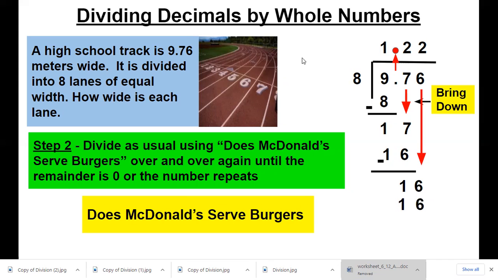Subtract. 16 minus 16 is 0. And then my last step would be to bring down, but there's nothing more to bring down. So my answer then is 1.22, or 1 and 22 hundredths. That's the width of each track lane.